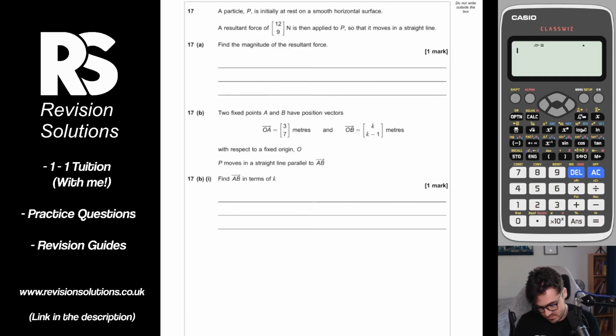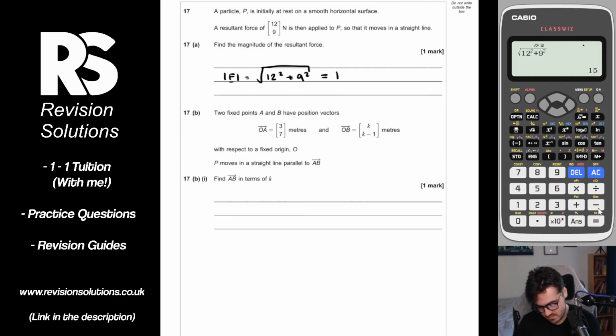The magnitude of F is going to be the square root of 12 squared plus 9 squared. Using the calculator, it's 15. So 15 newtons.